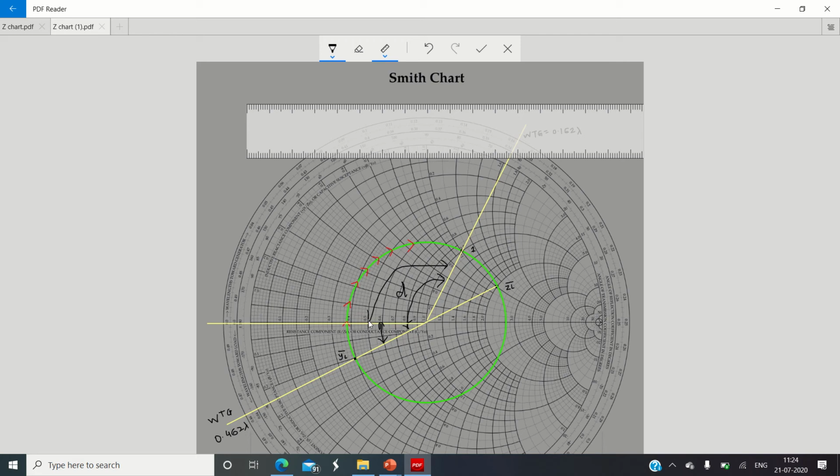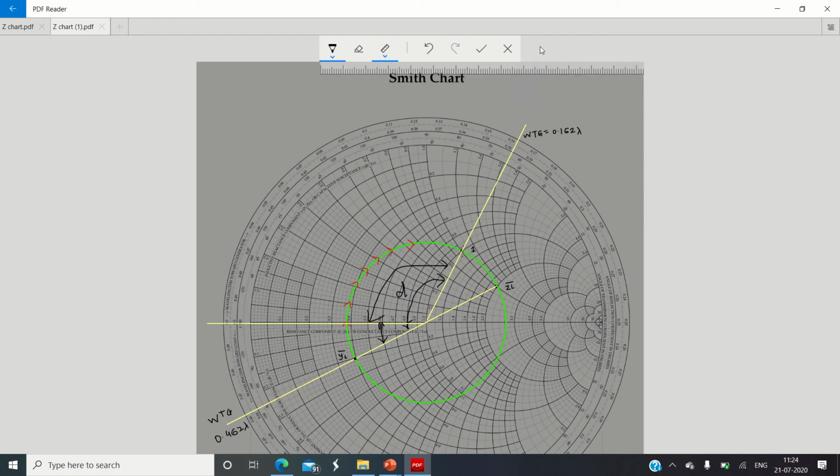Please remember you need to take the separation between this straight line and this straight line as two subsections. So this complete separation between these two straight lines is divided into two parts, from this straight line to this horizontal real axis, and from this horizontal real axis to this straight line.